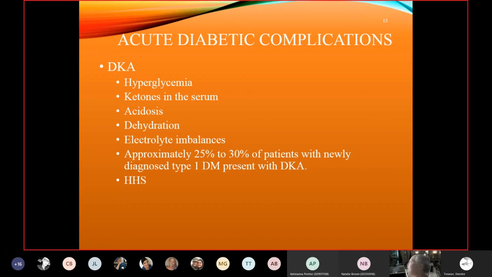They both ended up on insulin drips. We were treating them both. One of them did not make it. The other one did. And this was the first time either the patient or the family had known that they even had diabetes. So that's commonly, patients may not know they have diabetes until they present with DKA.